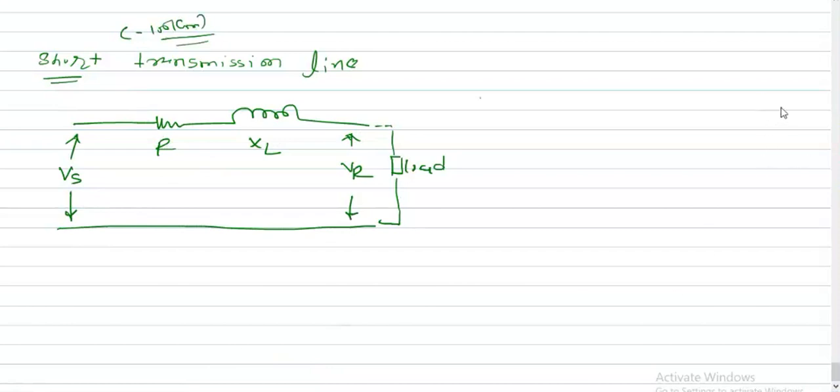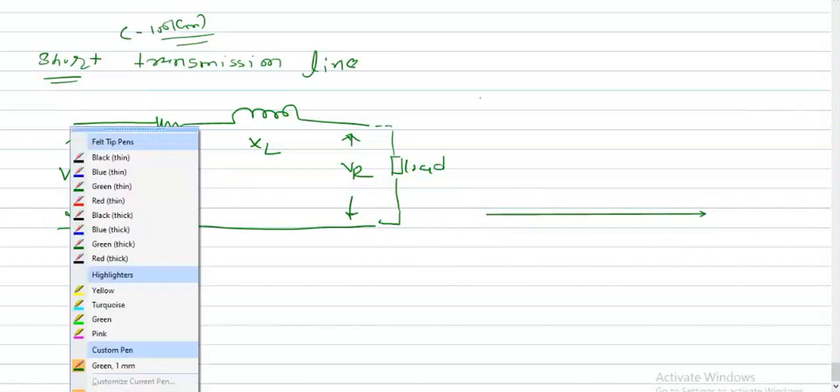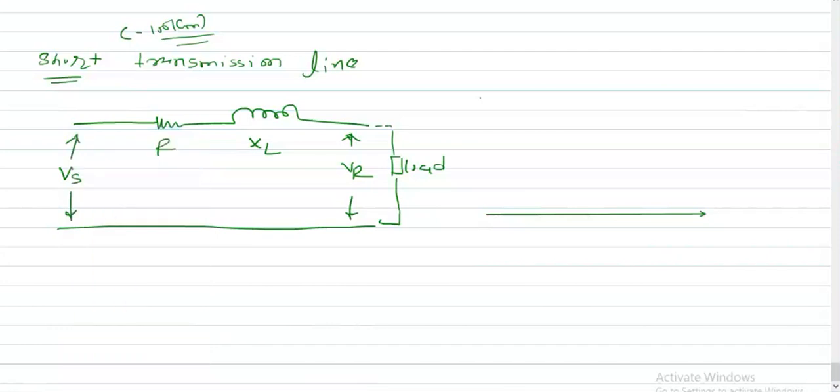So I'm using here the vector representation. This is, let's say, the current. I will indicate it by this arrow, using the black pen.